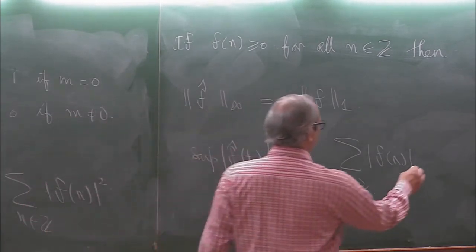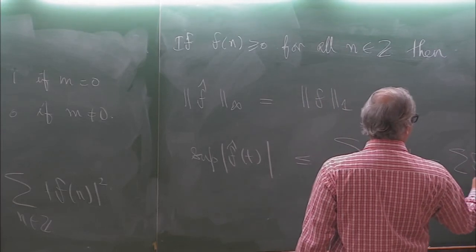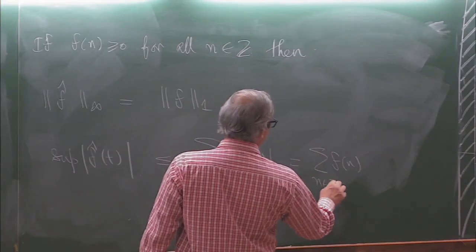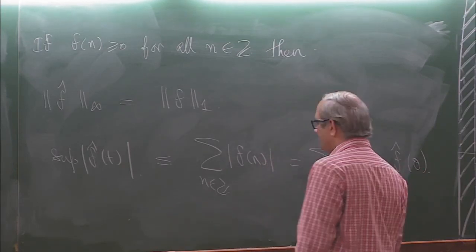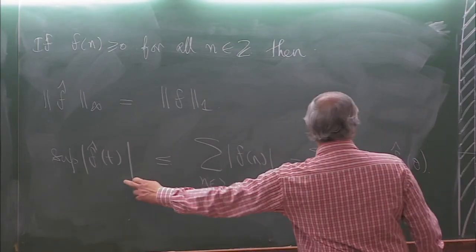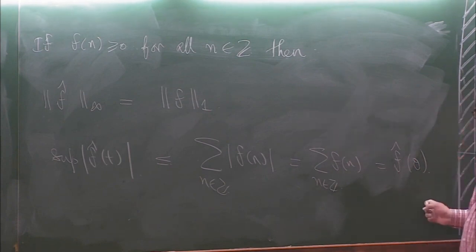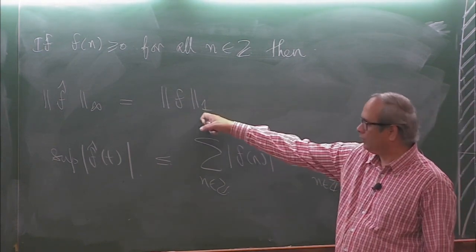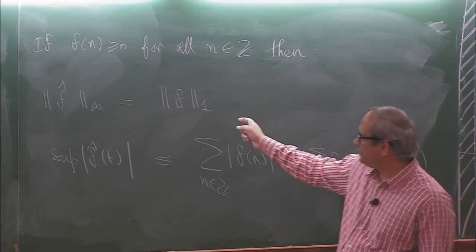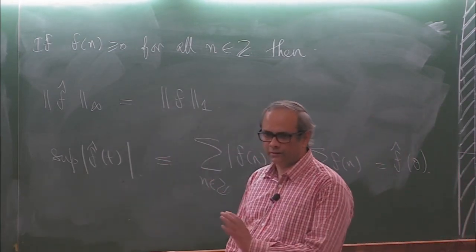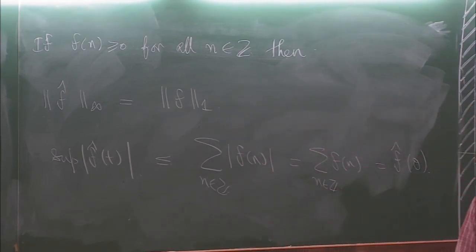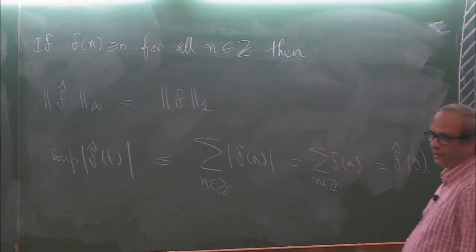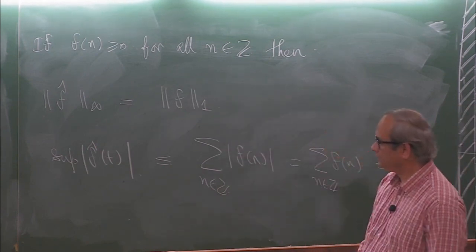So this is the same as the sum of f of n, n in Z, which is exactly equal to f hat of 0, and therefore the supremum is equal to the value at 0, which is also equal to the L1 norm of f. This is a completely trivial application of positivity that we will use repeatedly. It's helpful to remember this.